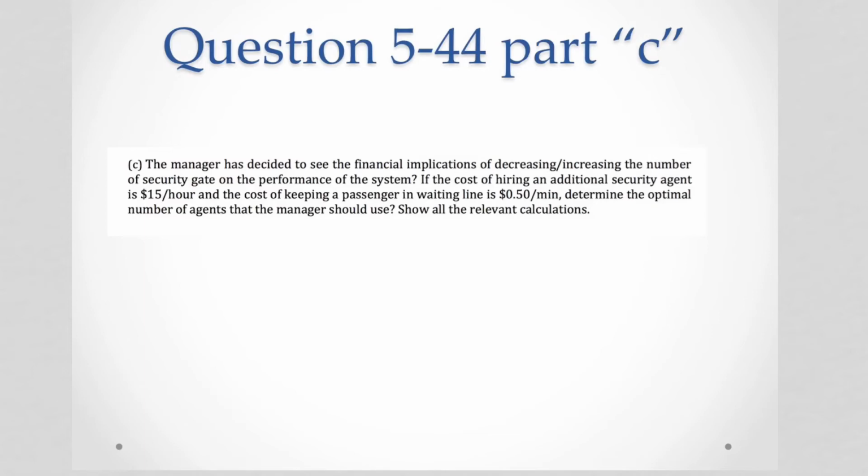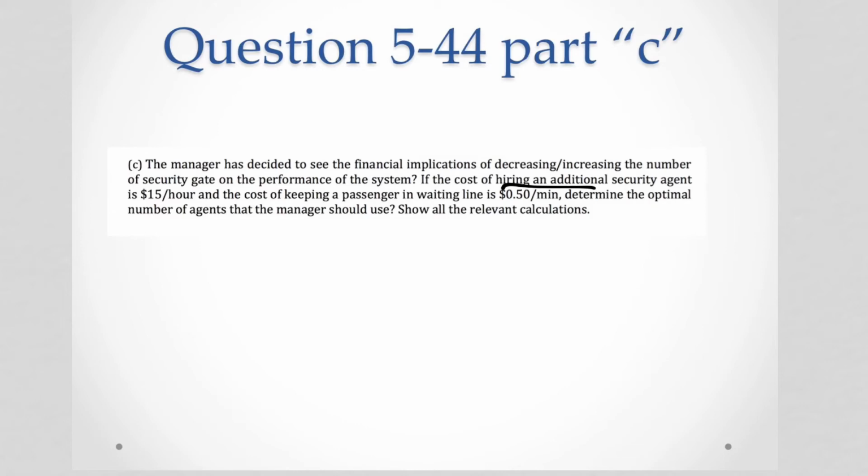In order to come up to that answer, we need to know some cost information. So we know that the cost of hiring an additional security agent is $15 per hour. So for every security agent, assume it's $15 per hour. That's what we're going to do for this problem. So 2 agents is $30 per hour, 3 agents is $45, and so on.